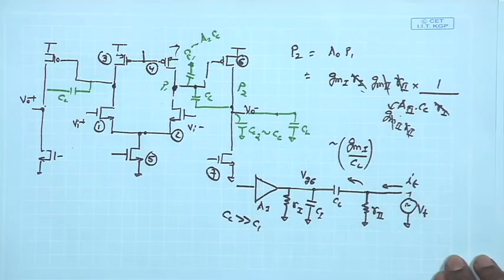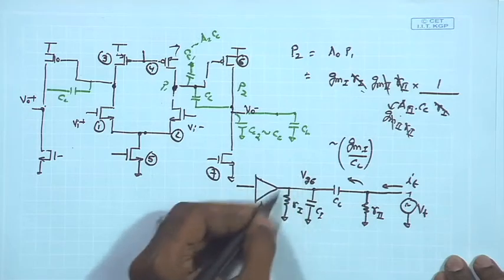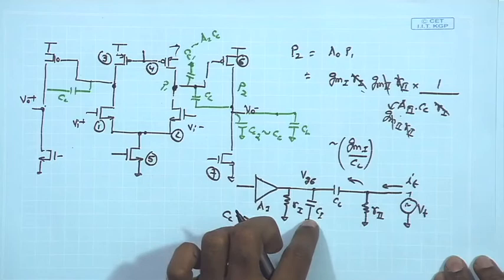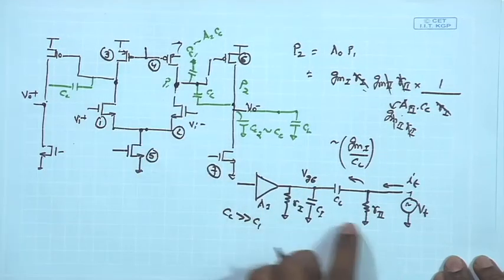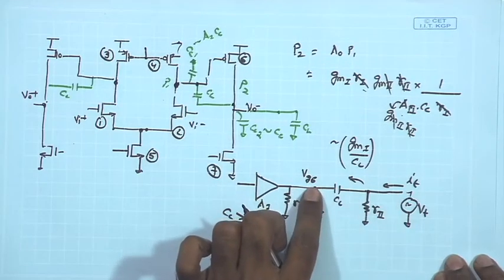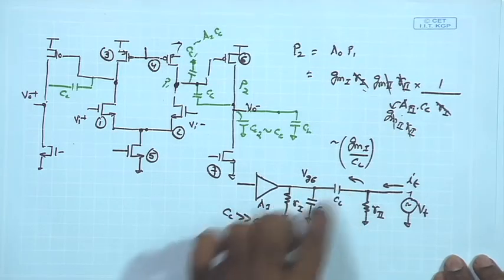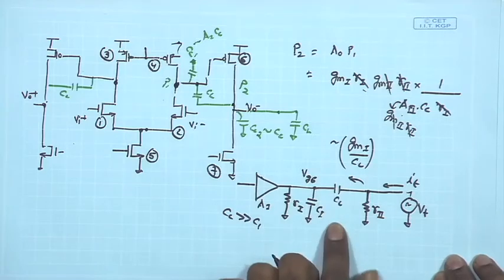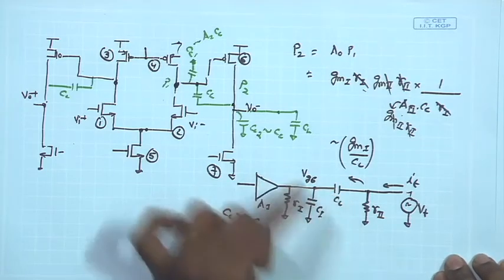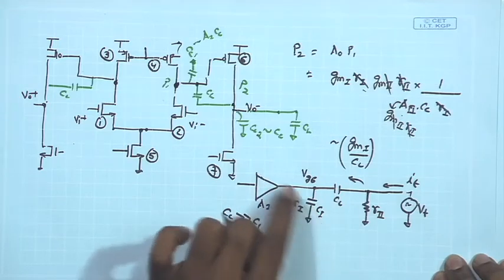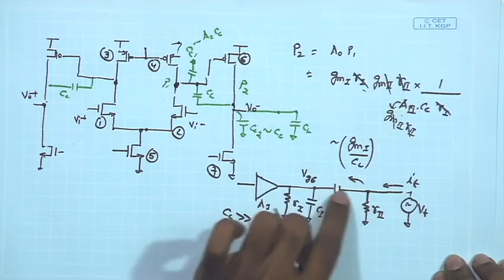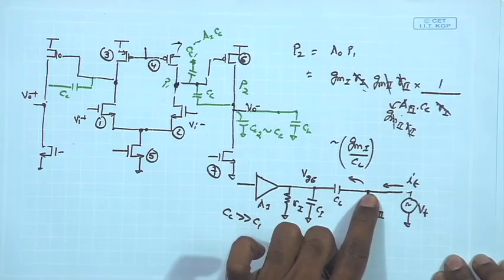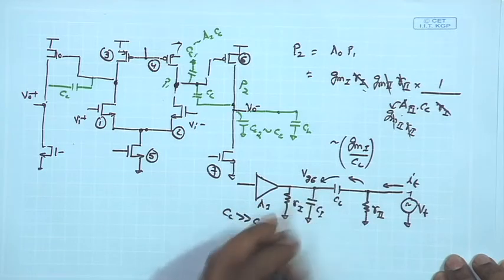And if I assume that the overall impedance in this parallel branch is dominated by the C1, which is the parasitic capacitance at this node, my Vg6 will be given by the ratio of these two capacitances, the voltage division provided by these two capacitances. And because Cc is much larger than C1, because of the capacitive voltage division, we have the impedance of this one much smaller than the impedance of this.